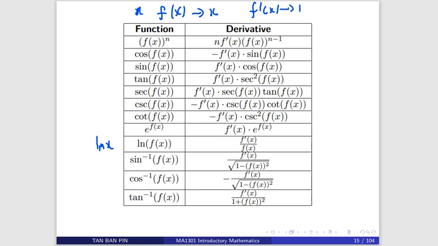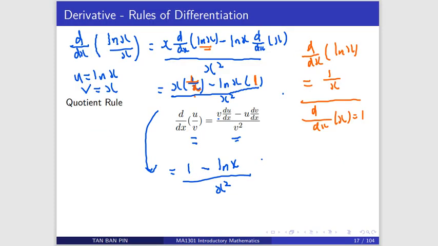Then differentiating ln x gives 1 over x. So that's how you get that differentiating ln x is 1 over x. This is the formula. With that, differentiating ln x over x gives this answer. We keep this in mind, as we'll need it later in slide 20.